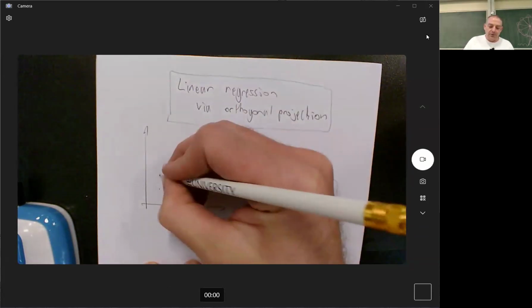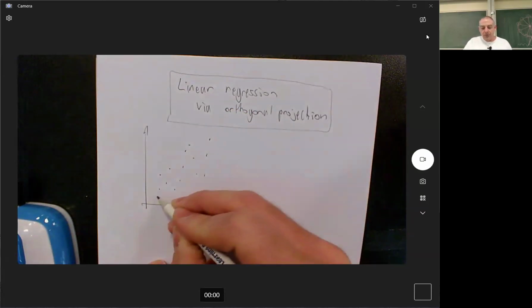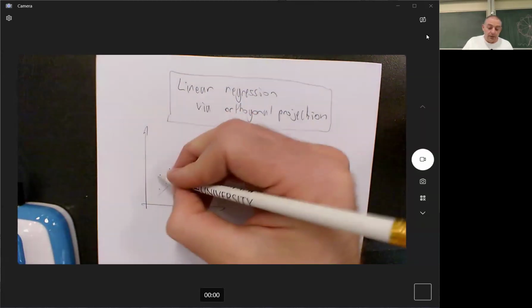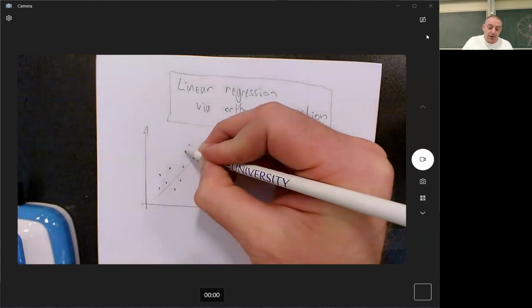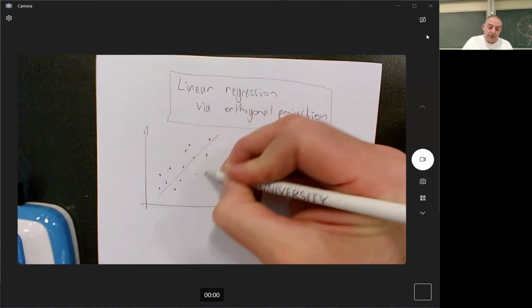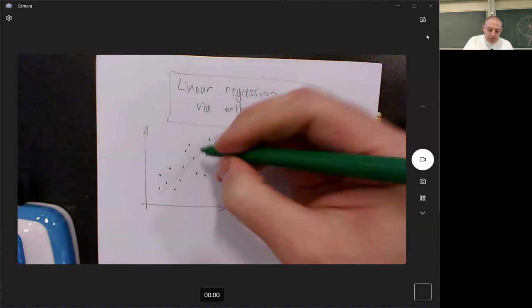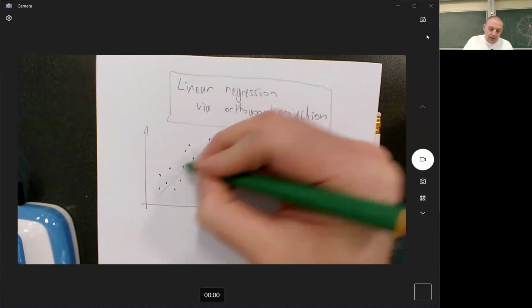So ordinary simple linear regression is designed to take a whole lot of points and try and draw a line of best fit. There are many ways to choose a line of best fit, and the way that ordinary linear regression does it is it finds all these vertical distances to the line.